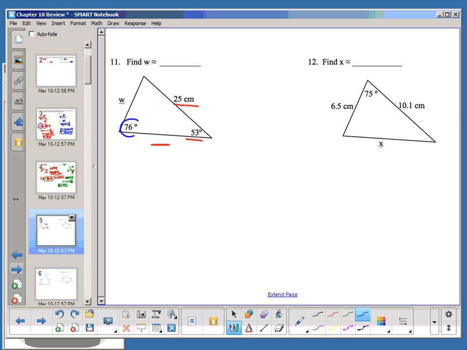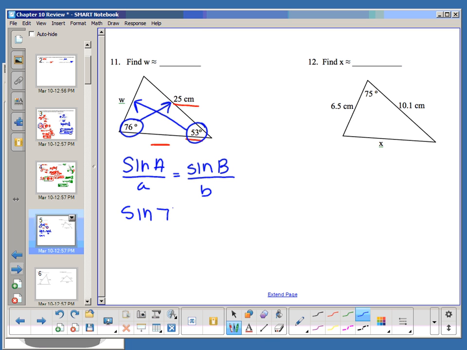And the reason for that is I have an angle on its opposite side. And I know this angle, and I'm trying to find its opposite side. So law of sines looks like this. And really what it's saying is sine of an angle over its opposite side, so in this case the opposite side is 25, equals sine of another angle, so we have 53, over its opposite side, which is w.